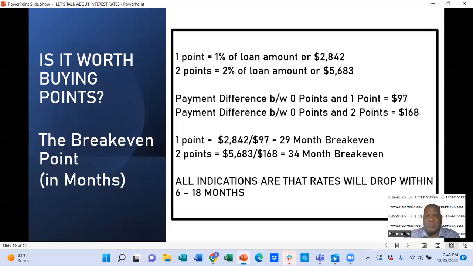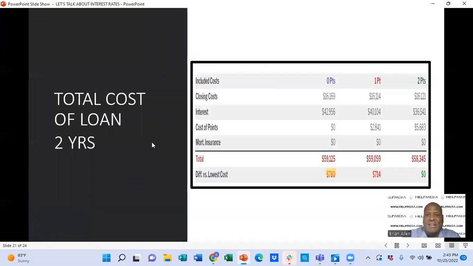But more than likely, you're going to be refinancing, and instead of paying for the points, if you're going to be refinancing in 2 years or less, 18 months or less, why not use that to roll those costs into your refinance? And here's what it looks like, the total cost of the loan after 2 years.